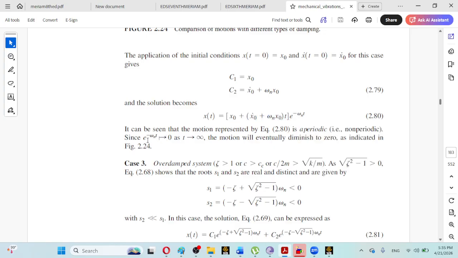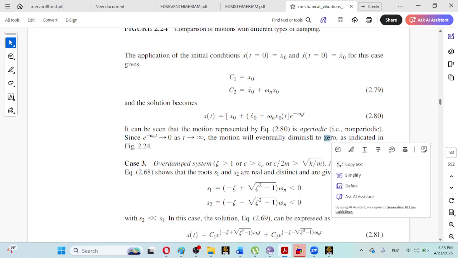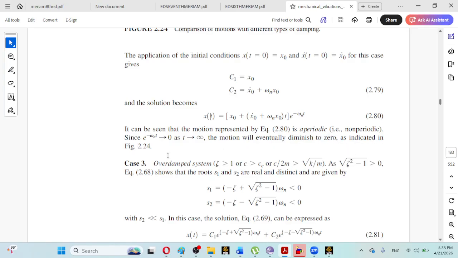That means the amplitude x(t) will become 0, and the motion will eventually diminish to 0, as indicated in figure 2.24.